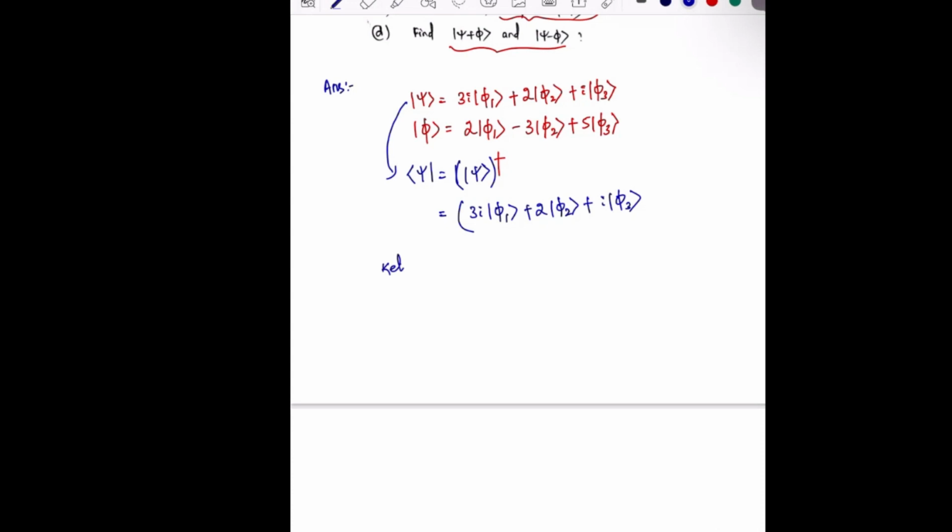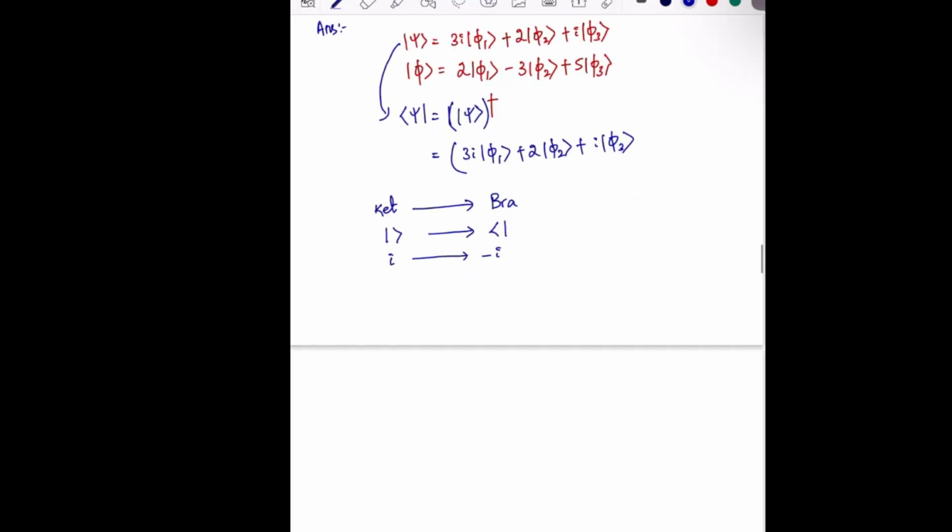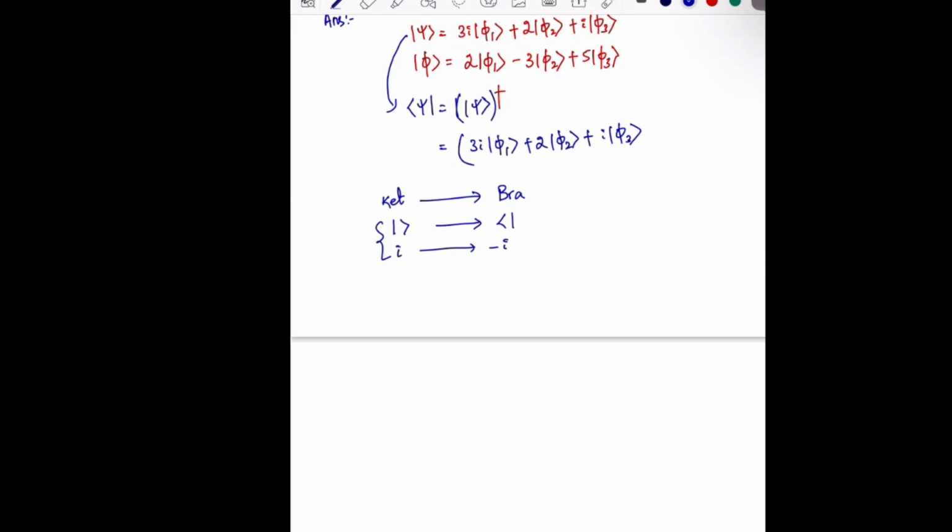If you are going from a ket vector to a bra vector, then you have to just replace this ket notation with bra notation, and you have to replace any i with minus i, that is, take the complex conjugate of the constants. Okay, so these are the steps you have to follow. If you go wrong at this step, then the answer will be different. So be careful while writing the expression.